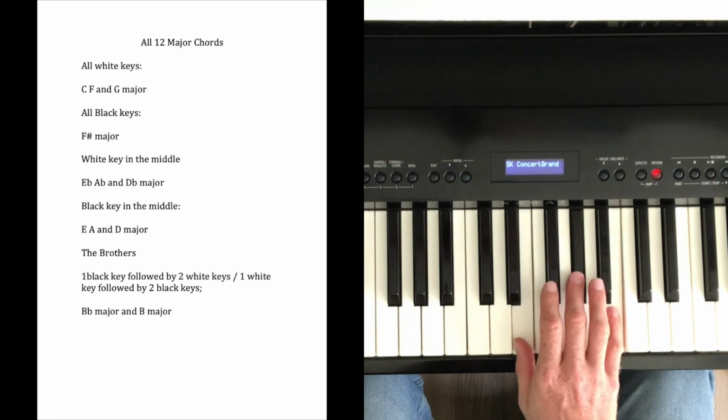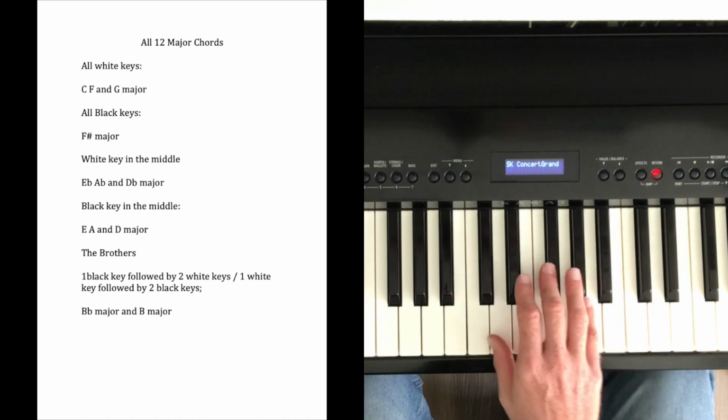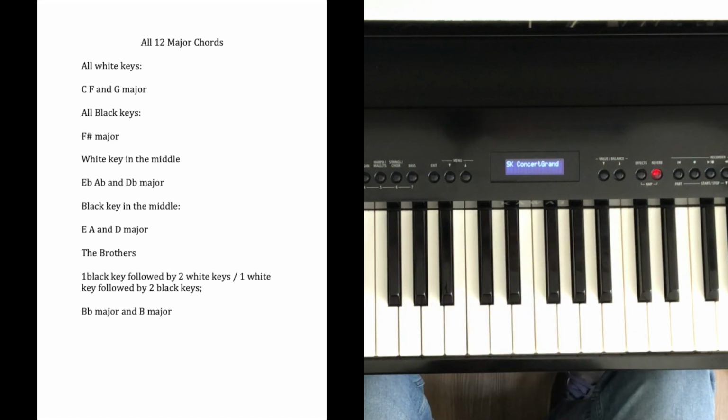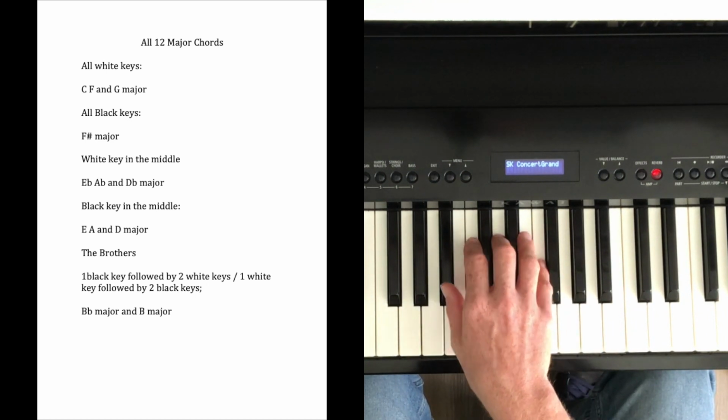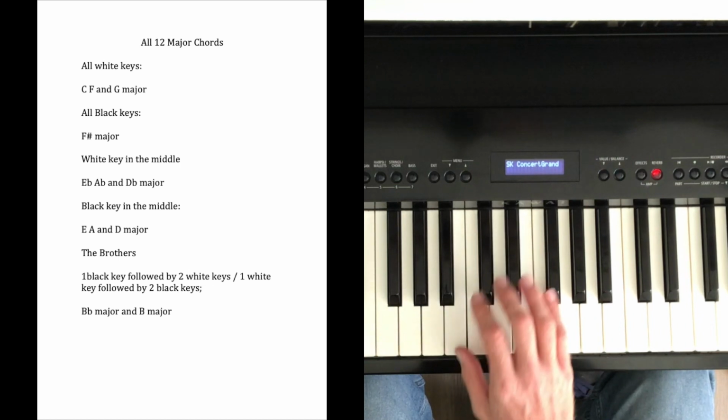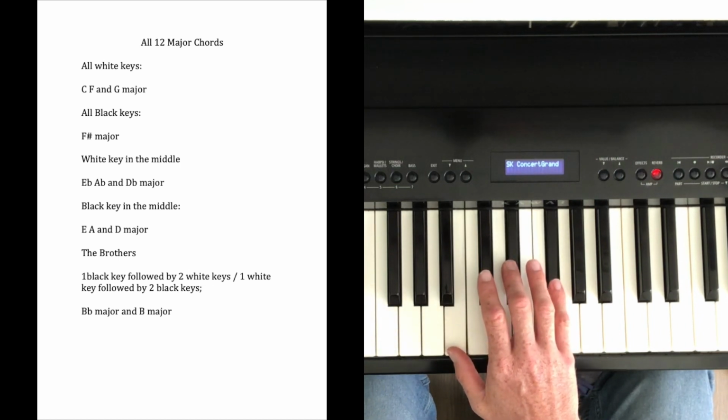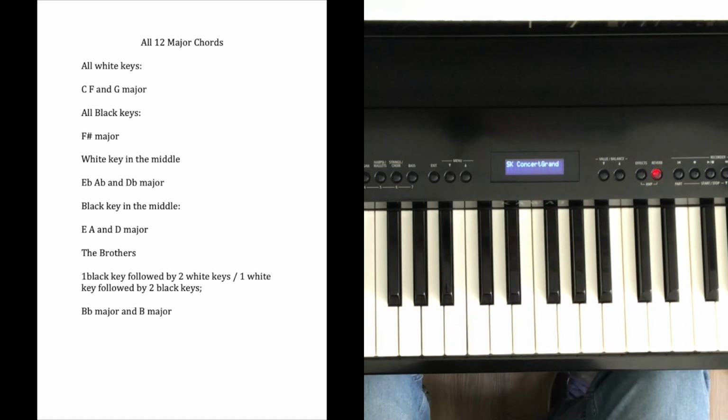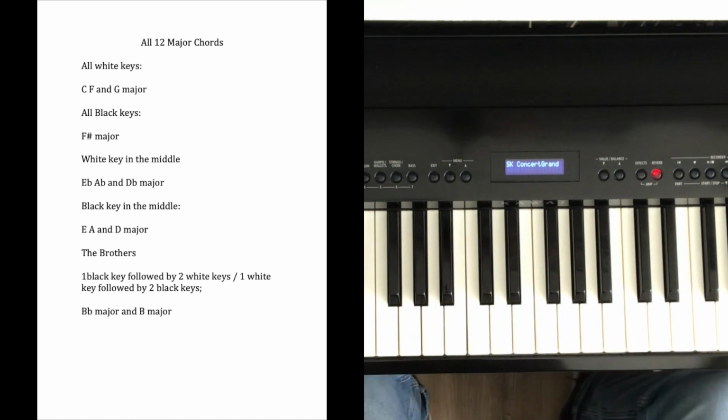That's your E major, A major and D major. Then we get the brothers, the B flat major and the B major, and that is your 12 major chords. That's all there is. That's it. That's your 12 major chords.